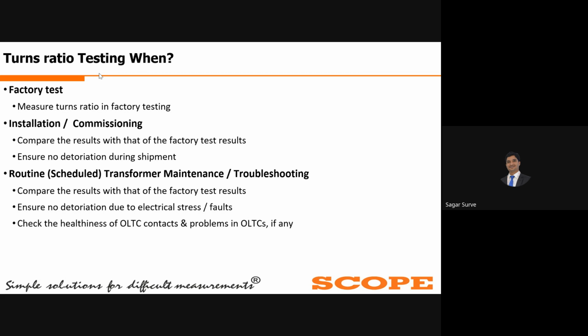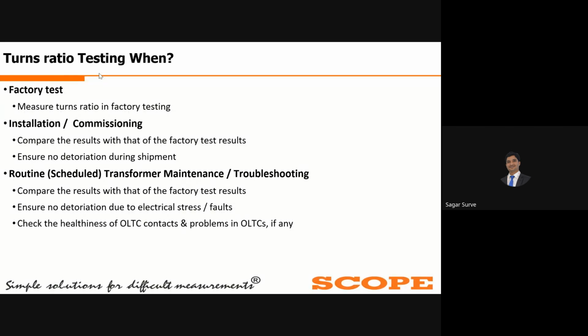Then it's a routine test or scheduled maintenance test. To compare the result with the factory test result and the previous site test result, we conduct this test and ensure there is no deterioration due to electrical or thermal stresses, and check the healthiness of the OLTC.